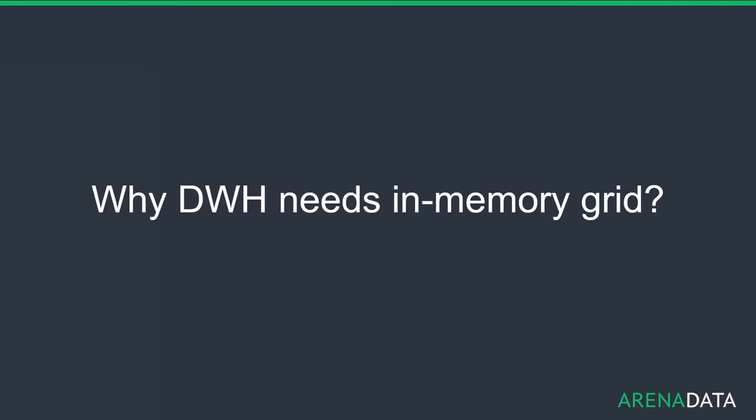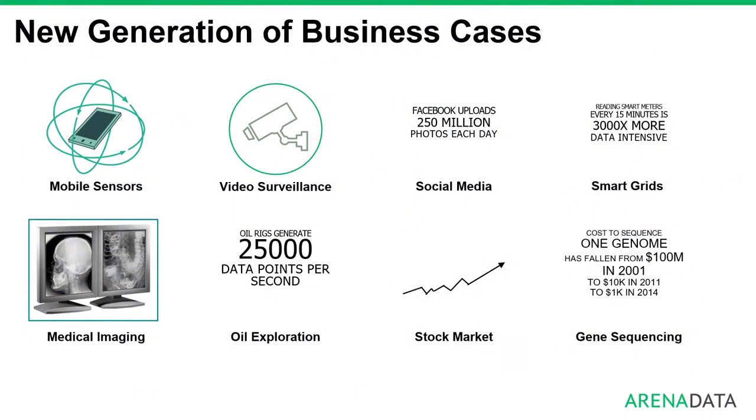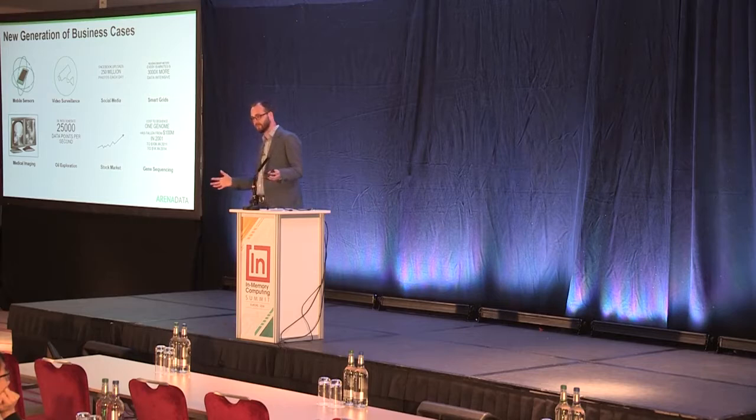So, why in-memory? Why does the data warehouse need in-memory data grids? The answer is very simple. As I heard today and yesterday, many of the speakers talk about the new generation of business cases and use cases, and that's really true, because the world has changed and a lot of new business cases appear.